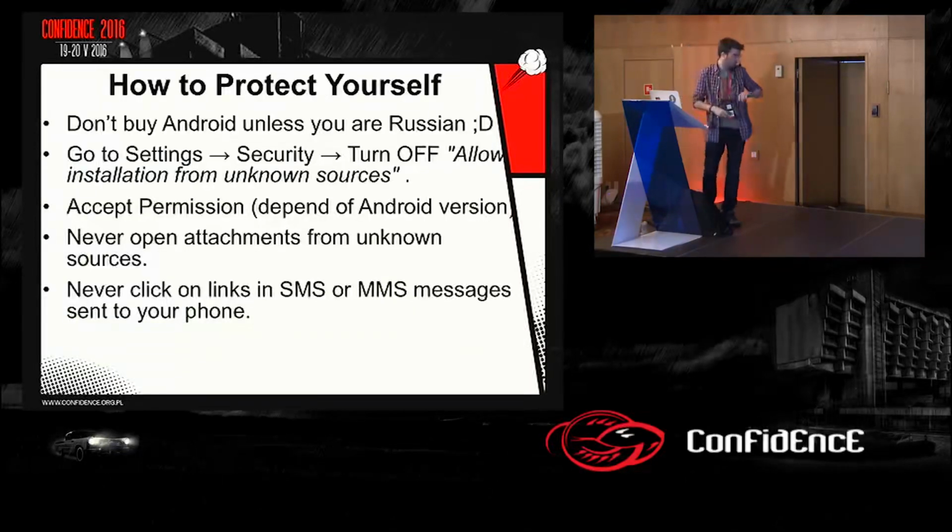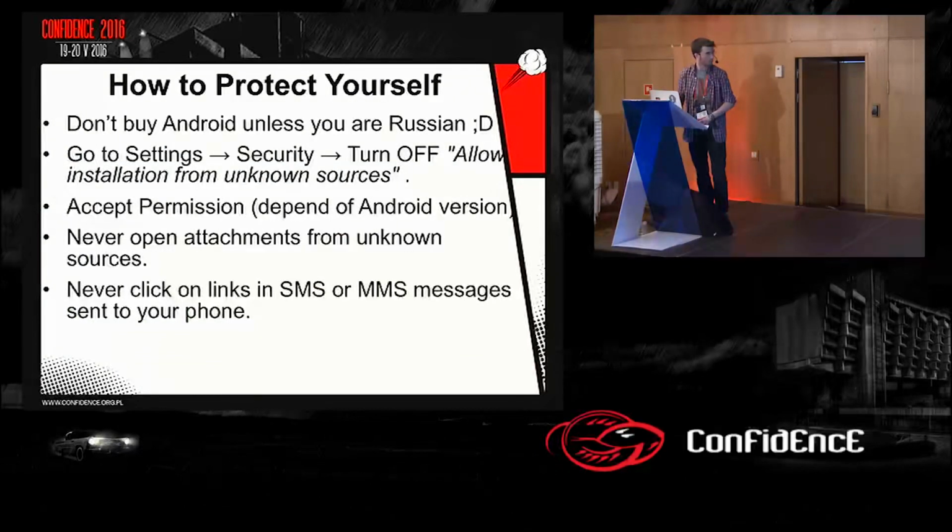So how can we protect ourselves? Maybe don't buy Android unless you are Russian, but joking. Turn off the option to allow installation from unknown sources. Regarding permissions, it depends on the Android version, because I think in Android 6.0 all the permissions are granted at runtime, like in iOS. When you open the application, it asks you if you want to give this permission or not.